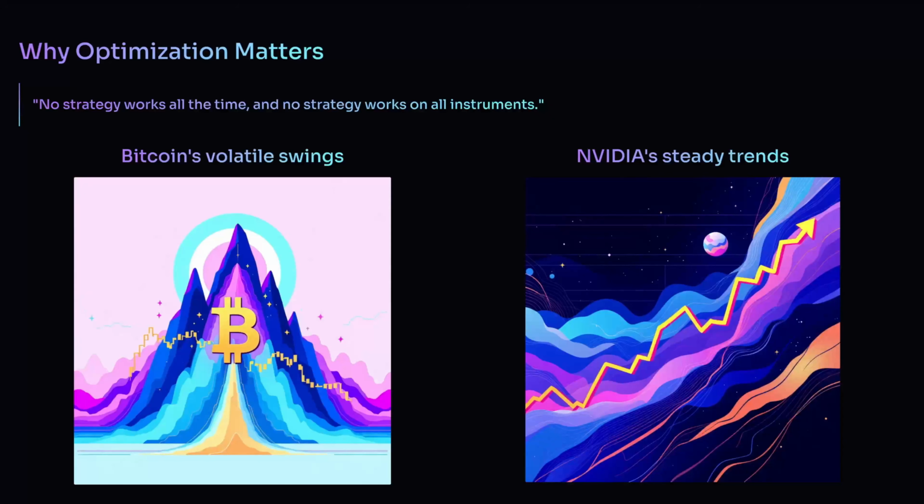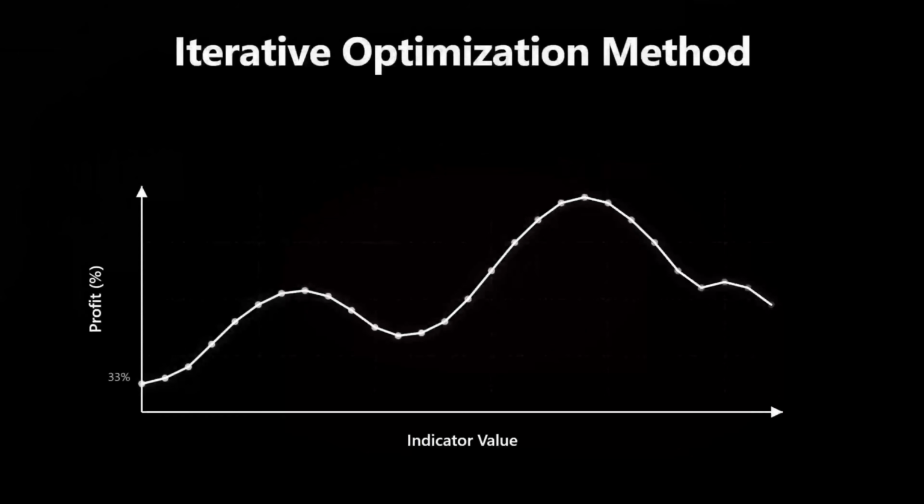Now comes my secret sauce, the Iterative Optimization Method. This is not random tweaking that I'm going to do. This is a systematic process that professional traders use to extract maximum performance. Here is how it works. We have several parameters on our trading indicator. We're going to optimize the parameters sequentially from top to bottom, each parameter.